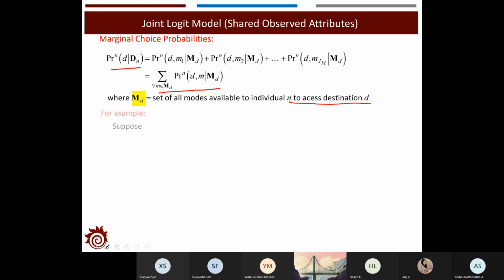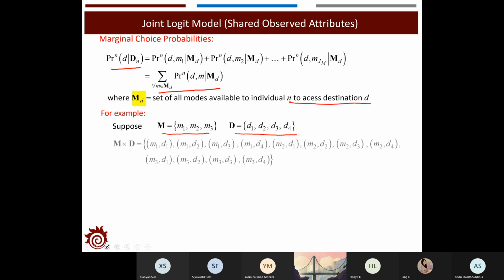If we go to check our previous example, suppose that we have three different modes, M1, M2, M3, and four different destinations. The complete mode destination combination would be 3 by 4, so we have 12 different combinations.